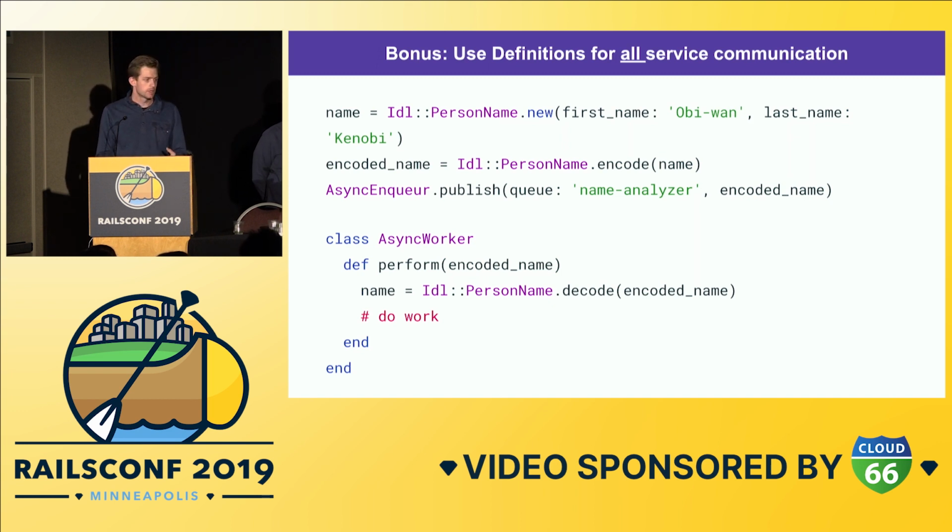And then later on, a consumer, again in any language, it could be Ruby or some other language, can then decode that message, get the expected output from that message, and do work on it. So this really helps you enforce boundaries across your services, no matter what type of architecture you're using.